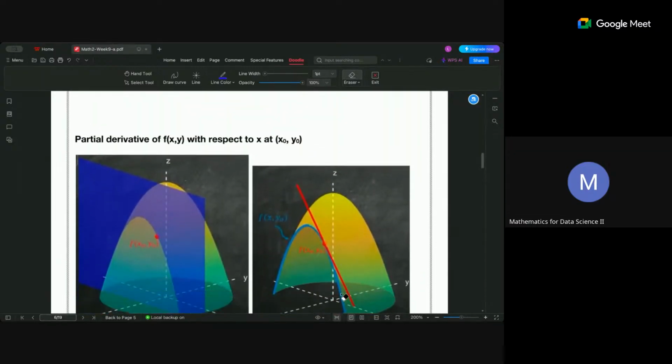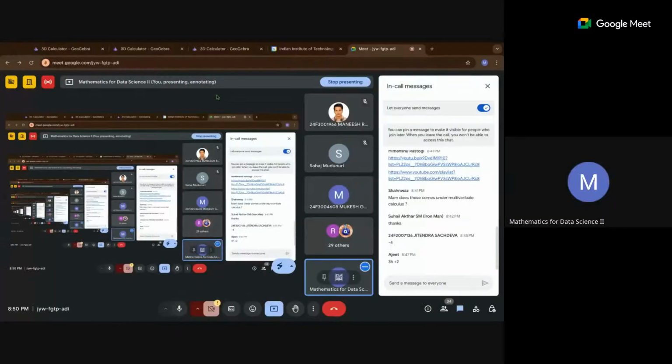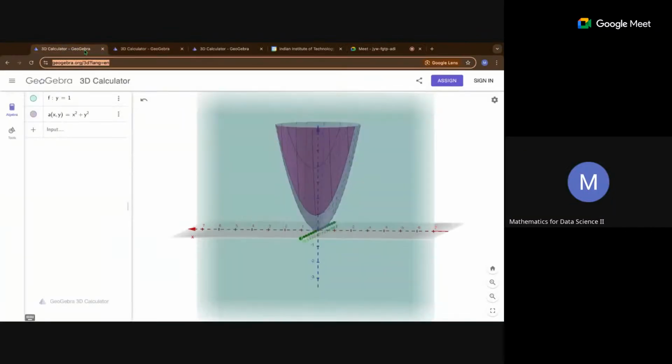So maybe I have this other page which I wanted to show. Is this GeoGebra page visible to you? Yes, ma'am. Fine.